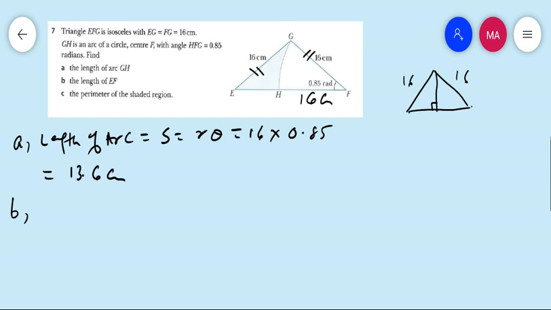If this angle is 0.85, then this angle is 0.85 as well, because in an isosceles triangle two sides are equal and two angles are also equal. So this is 0.85. Now if we find this, cos 0.85 is equal to adjacent upon hypotenuse.